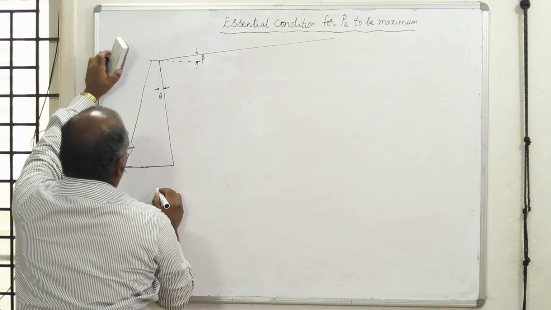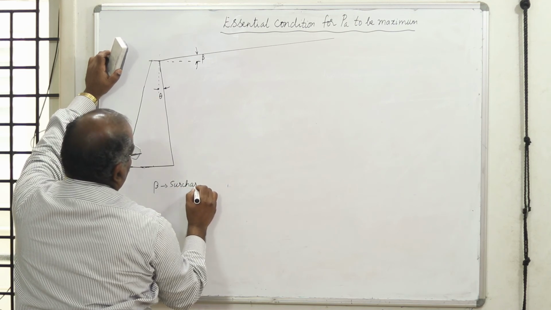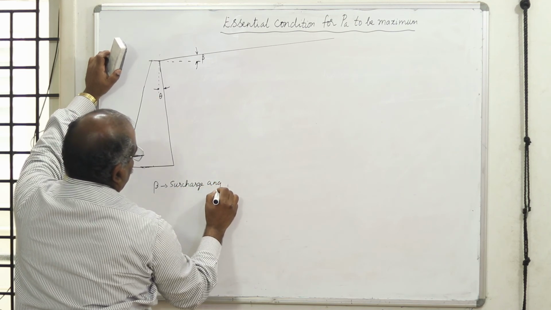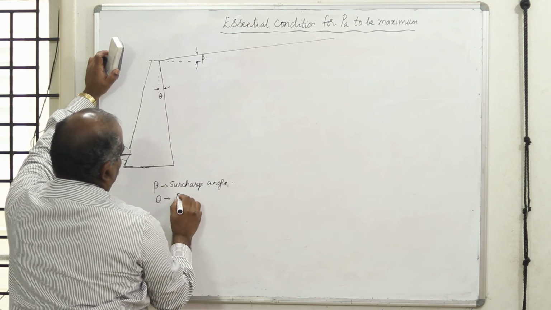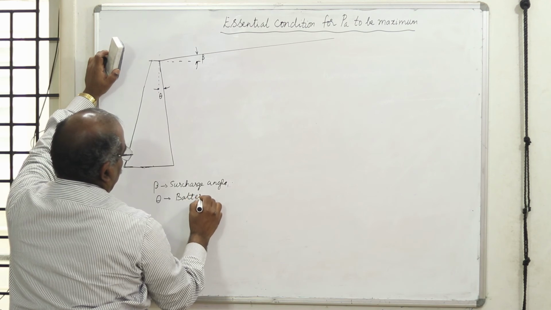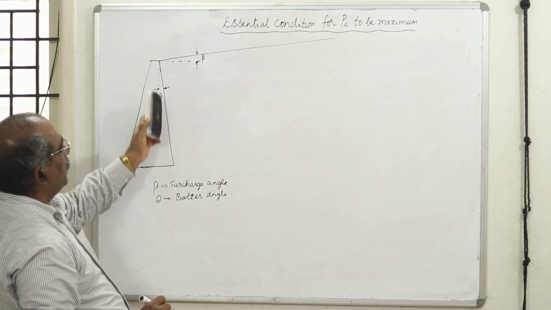This is angle beta. Beta is the surcharge angle. Theta is the batter angle, that is the inclination of the back of the retaining wall.